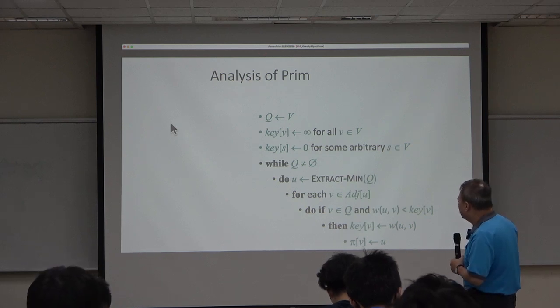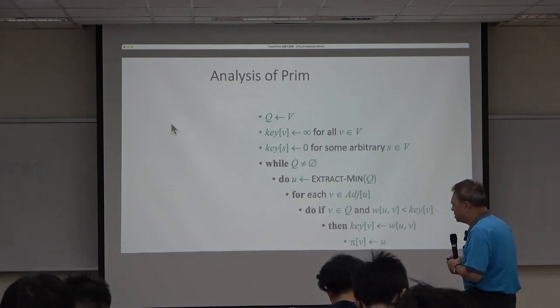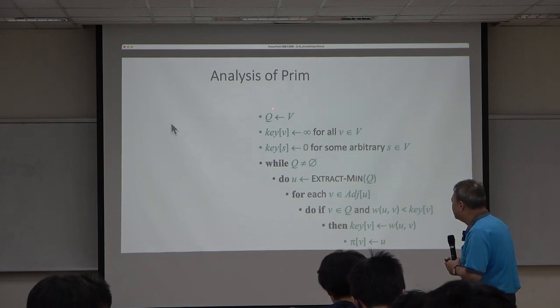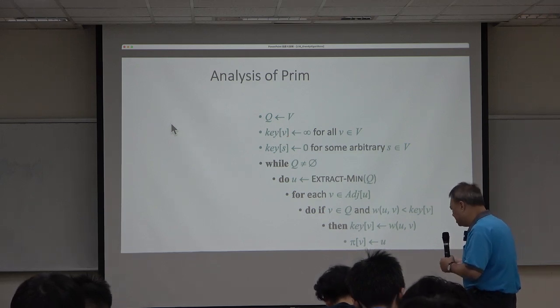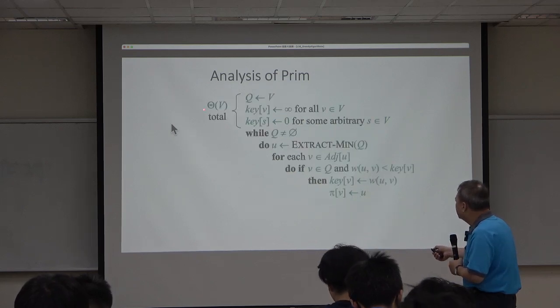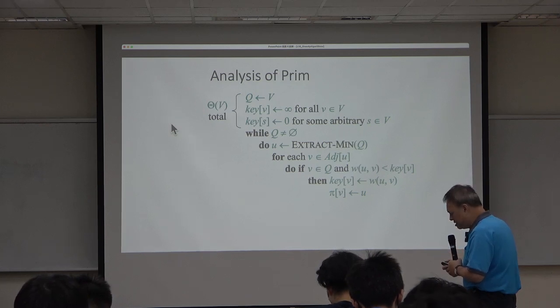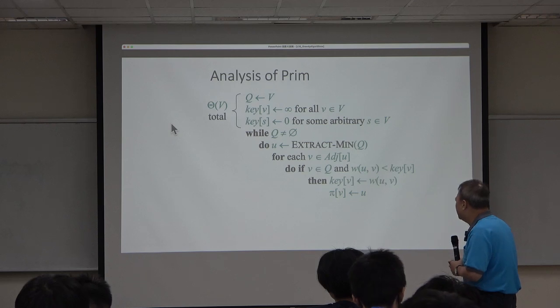Obviously you need to push all the vertices to the priority queue with the key infinite, and this takes time proportional to the number of vertices, so this is theta V.